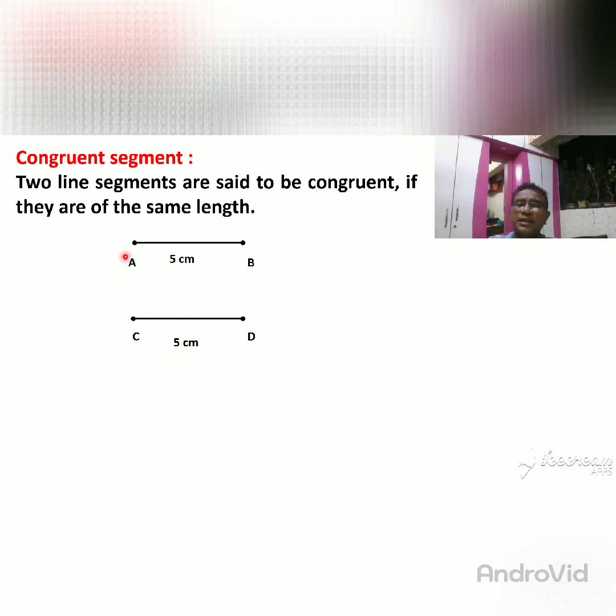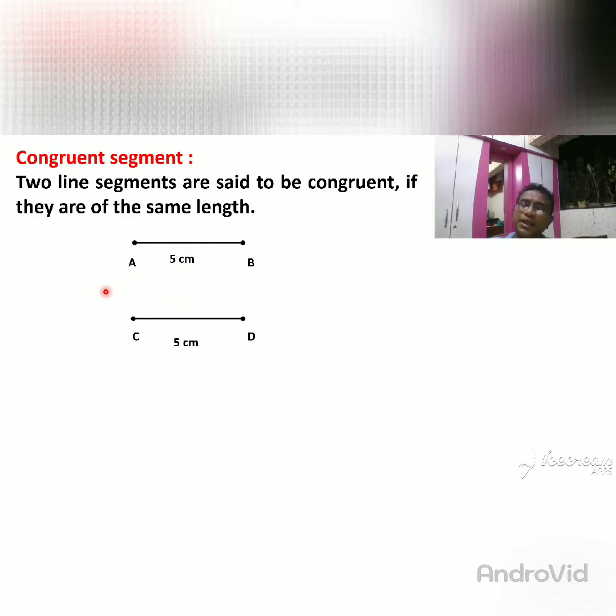If you observe here, segment AB is 5 centimeters and segment CD is also 5 centimeters. So the length of AB and the length of CD are the same.